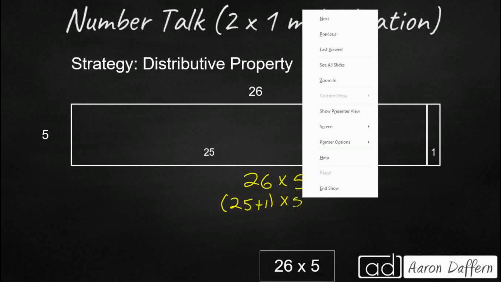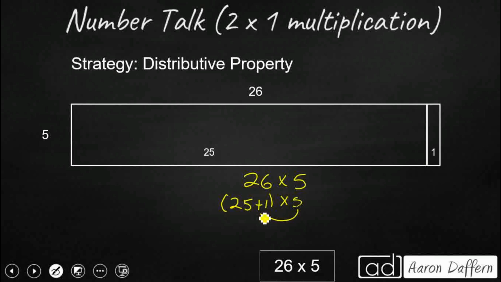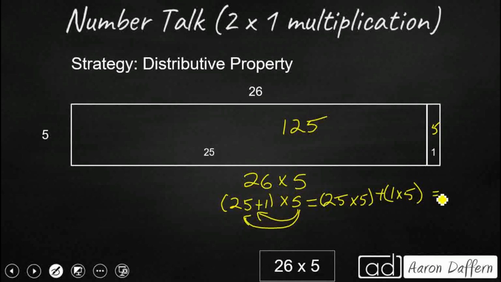Because what we're going to do is we're going to take this 5 here, and we're going to still multiply it by both the 25 and the 1. 25 times 5 is super simple, because think of 5 quarters. That's going to get you 125 cents, or $1.25. Then we're going to add this other 1 times 5, and that's going to get us 5, and look at that. There's your 130.